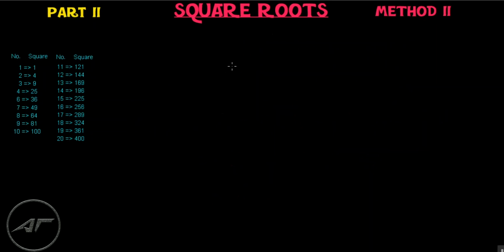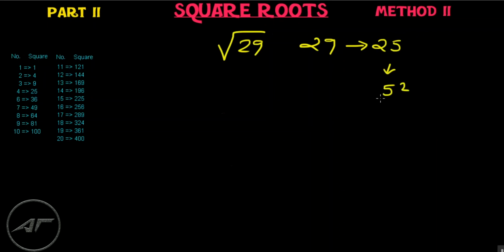Now suppose we are asked to find the square root of 29. From the table we can see that the perfect square nearest to 29 is 25, which is 5 squared.